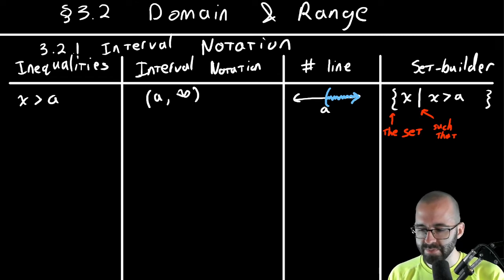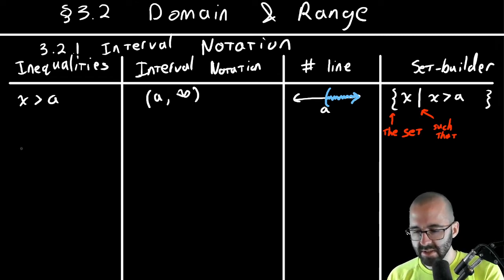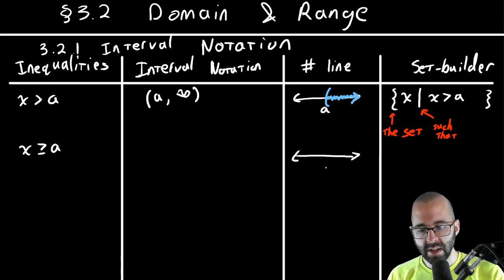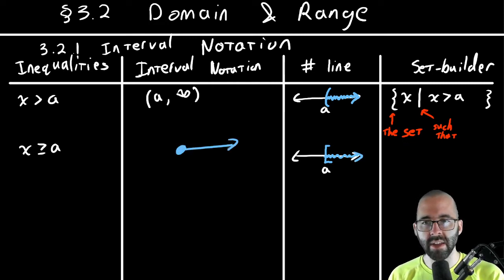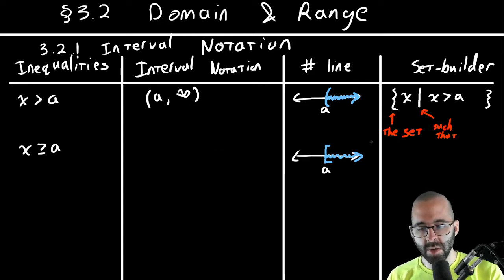Let's do another one. So if we change this to x is greater than or equal to a, it's pretty similar, right? On the number line, it's almost going to be the same thing. The difference now is that we use a bracket or a closed circle. Again, sometimes you might see it like this. Well, interval notation is almost going to be the same.